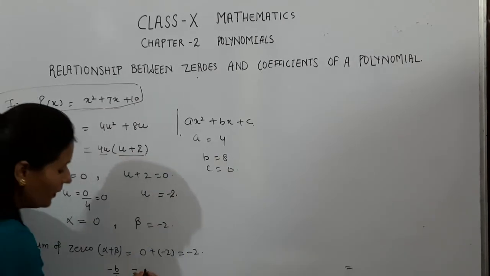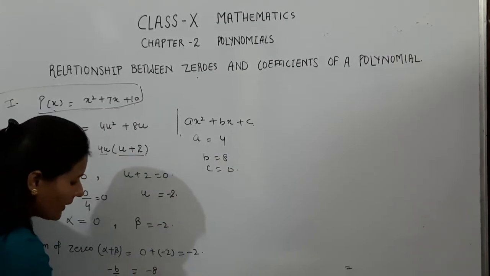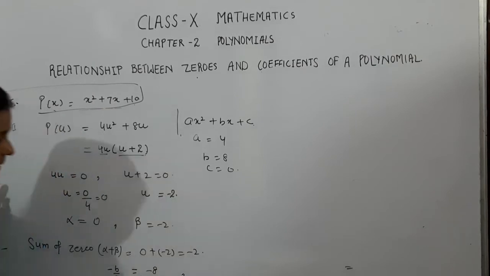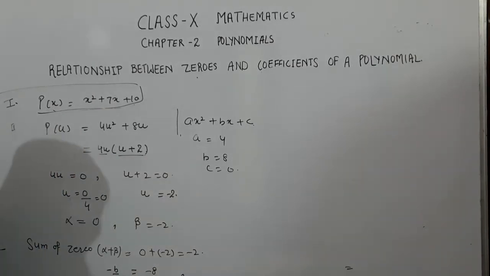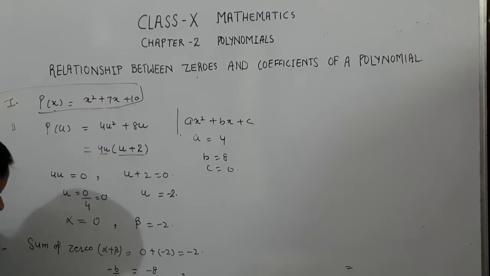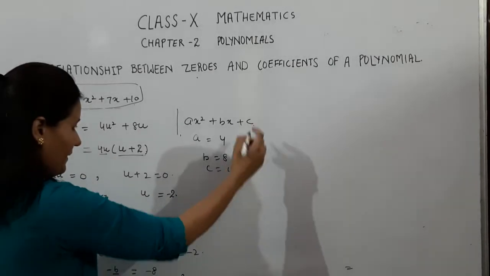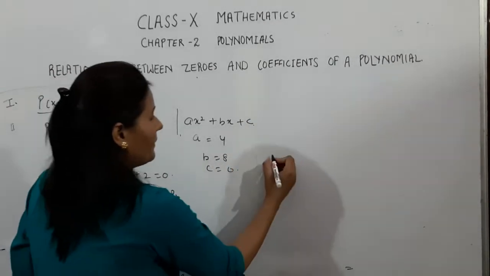Minus 8 upon 4, that equals minus 2. So what can we write from here? Sum of zeros is equal to minus b upon a, hence verified.